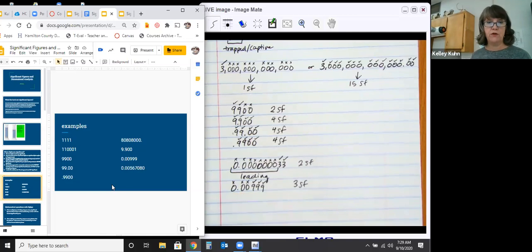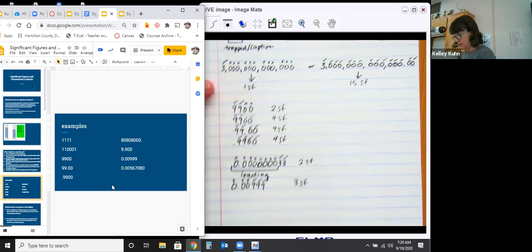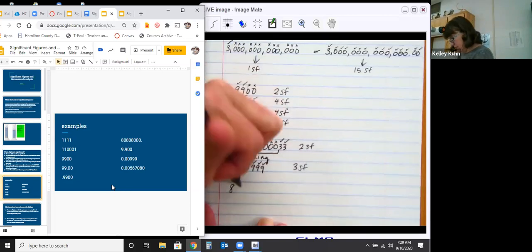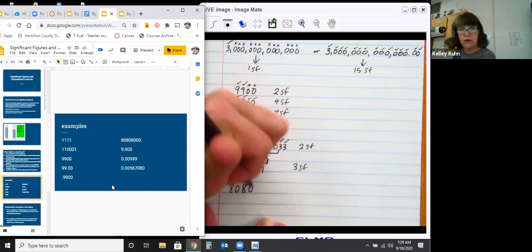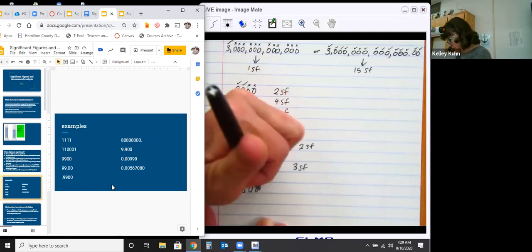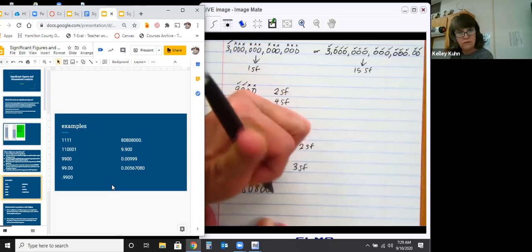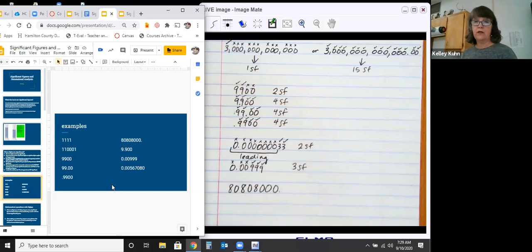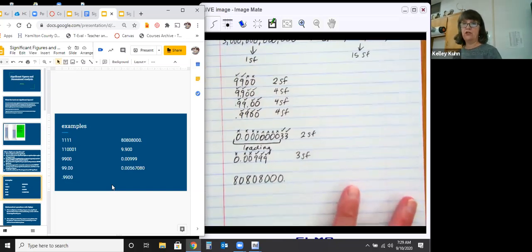So we have 2 other numbers on this slide that we have not looked at yet, so let's go ahead and look at those. The first one is 8080800, sorry, there's a lot of zeros here, decimal. So off the bat, we know which 3 count automatically? The 8s.